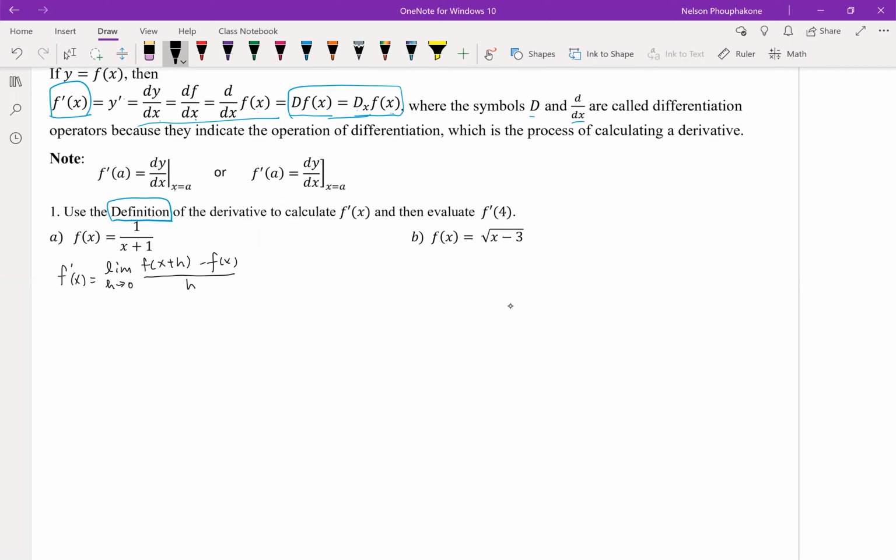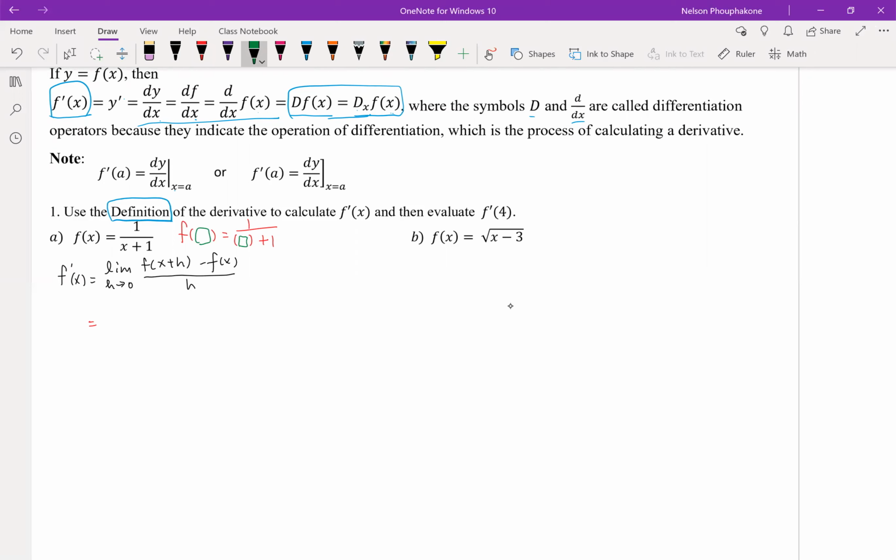Again, remember this is the f function. When we work with a function, we depend on the input. So if f of x equal to 1 over x plus 1, that means f of the input is equal to 1 over the input plus 1.